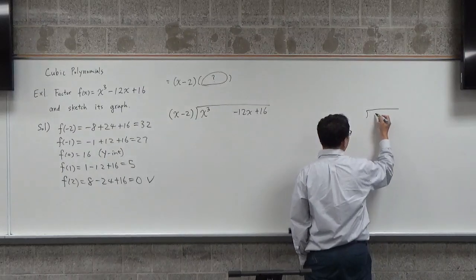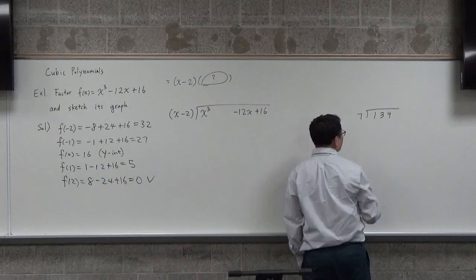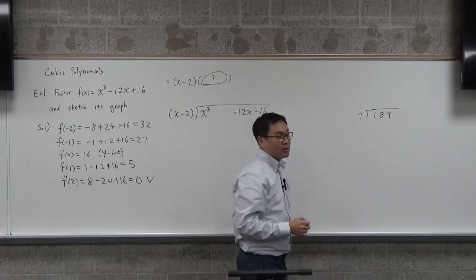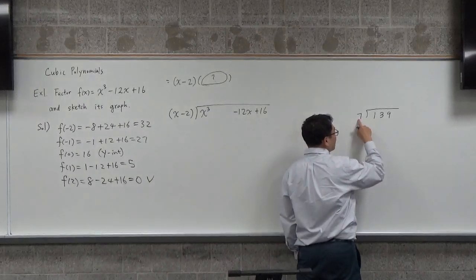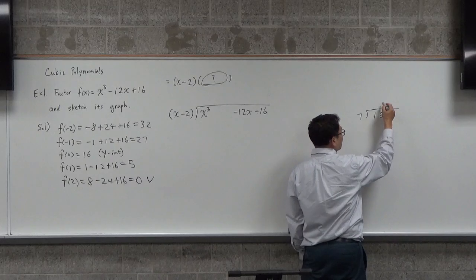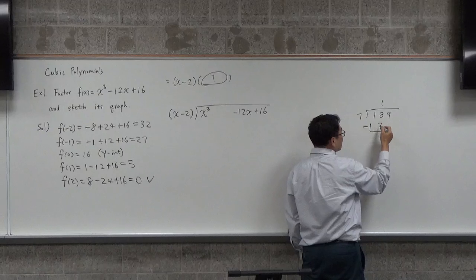Say if you had something like 139 and you're trying to divide that by 7. How do you do this division? You first see how many times 7 goes into 1, nothing. 7 goes into 13 1 times, right? So you do this minus, what does that give you?